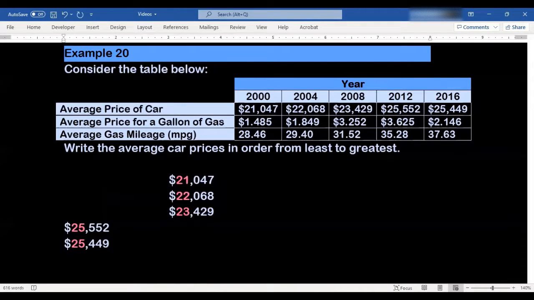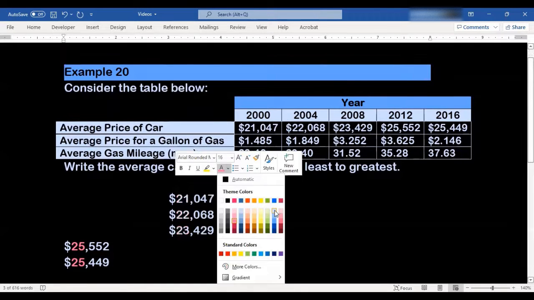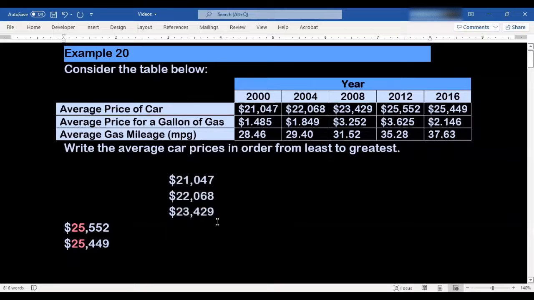Since 21 is smaller than 22, 21,000 is smaller than 22,000. And since 22 is smaller than 23, 22,000 is smaller than 23,000. So these are all locked in place.